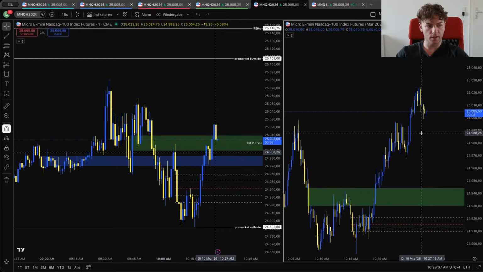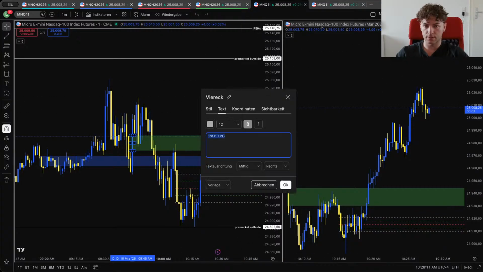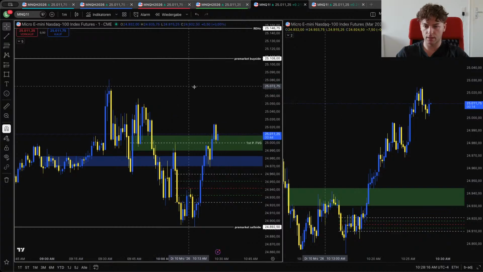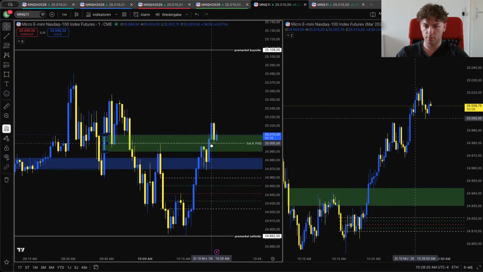Let's see. Okay, we have first percent fair value gap here. Let's add the consequent encroachment point, midline. So minor fair value gap here.